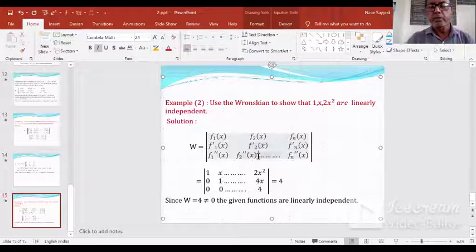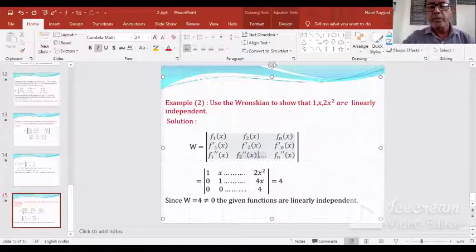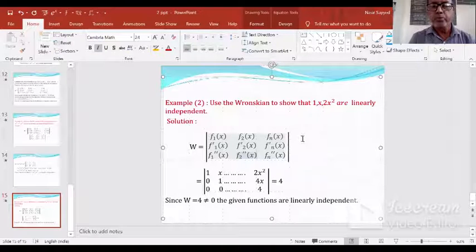In the second row, derivatives f1 dash of x, f2 dash of x, and f3 dash of x. Instead of taking the general, we take the particular functions here. And in the third row, f1 double dash of x, f2 double dash of x, and f3 double dash of x.